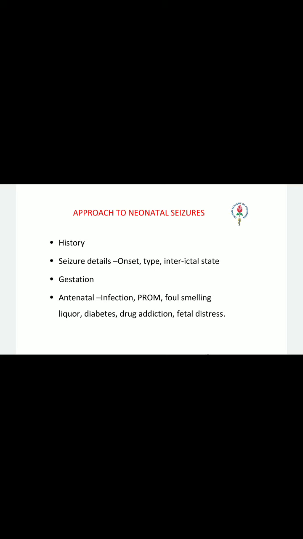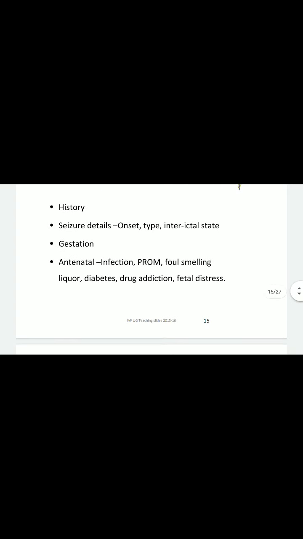How to approach these neonatal seizures? History, a detailed history to be taken. First, seizure details: the onset, type, interictal state, and duration of the gestation. Antenatally, was there any infection in the mother?